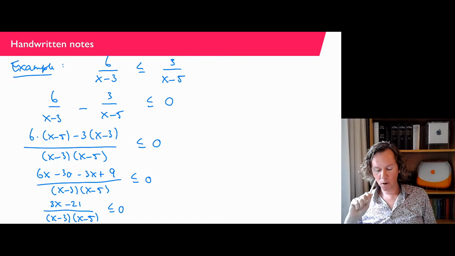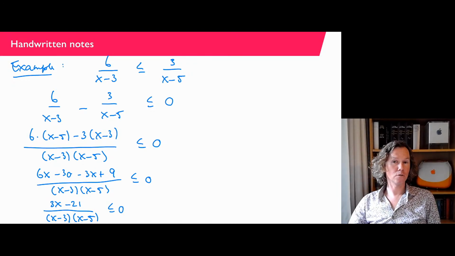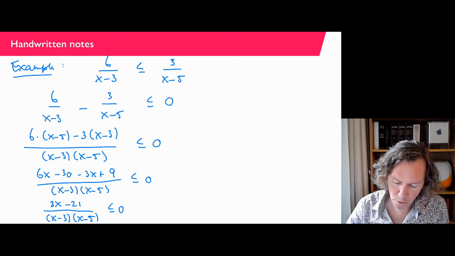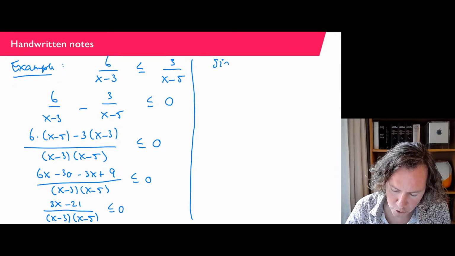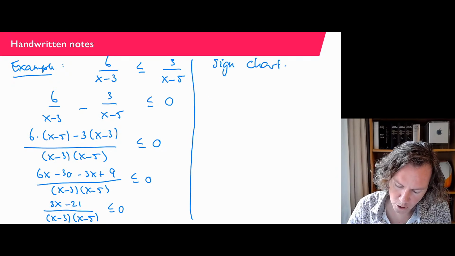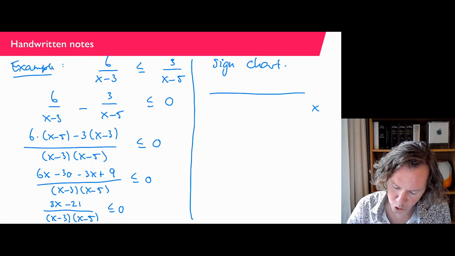And now what I'm going to do is make a sign chart. This is just like the previous example. So let's draw a little vertical line here. Here I'm going to put x, and up here the whole expression, 3x minus 21 over x minus 3, x minus 5.